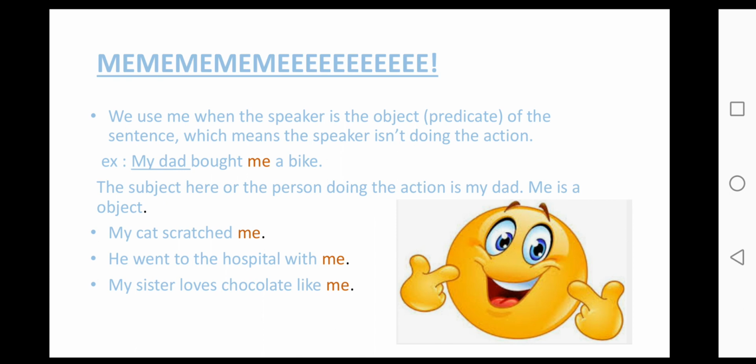My dad bought is the action, bought me. My cat scratched me. He went to the hospital with me. Went, and then after that we have me. My sister loves chocolate like me. See? Me comes after the action verb.